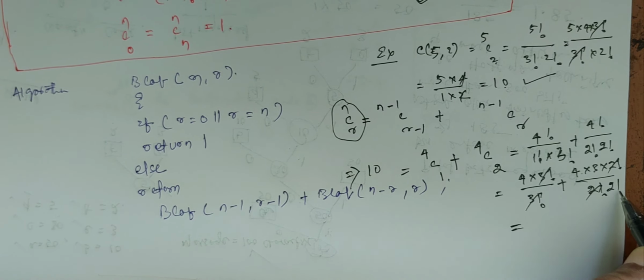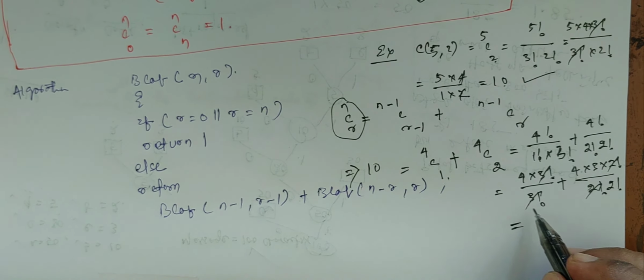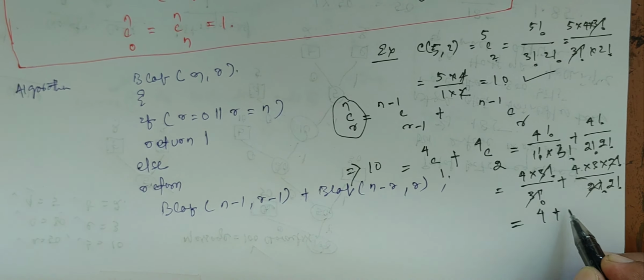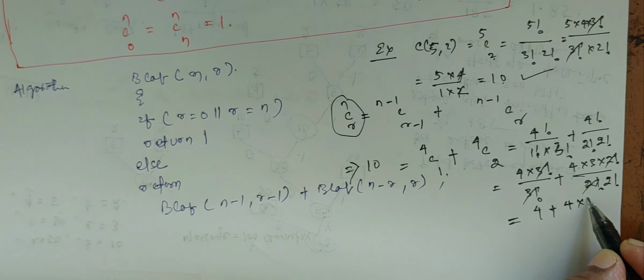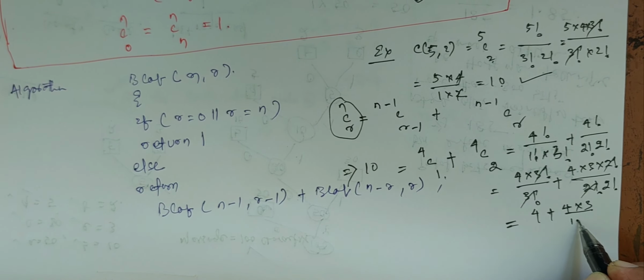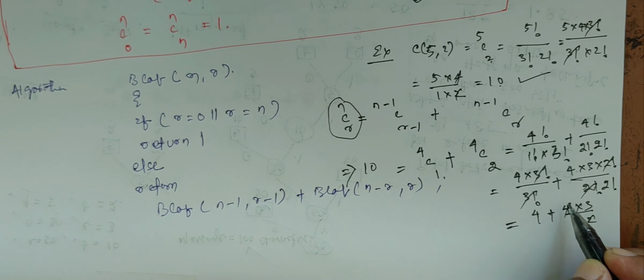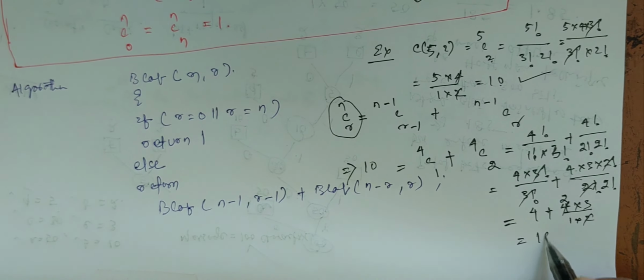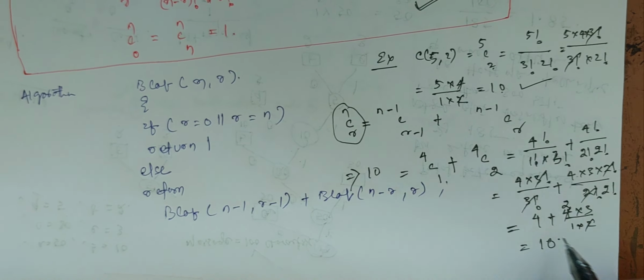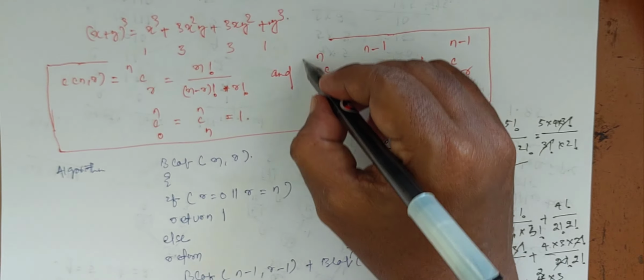So 4 plus 4 into 3 divided by 1 into 2, that is 2, that is equal to 10. So 10 is equal to 10. So this formula is proved.